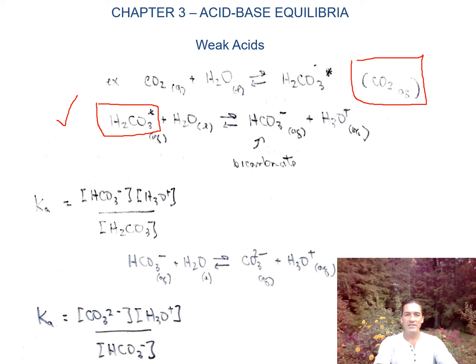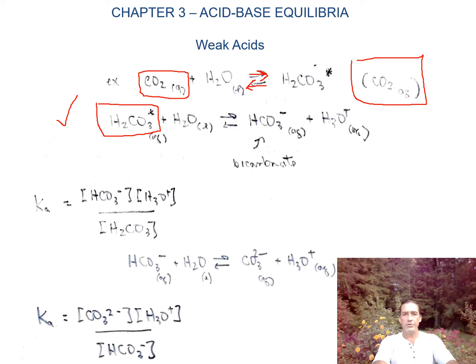And carbonic acid is formed by the CO2 in the atmosphere dissolving in water, and it is in equilibrium with this carbonic acid. And this is happening constantly in rainwater. You know, rainwater is saturated with CO2.